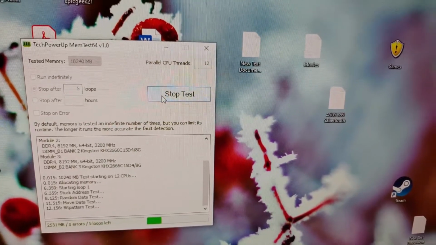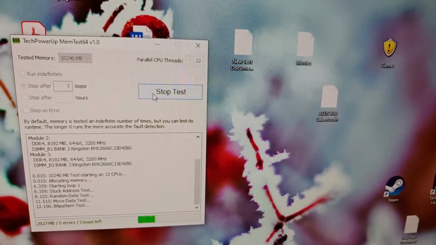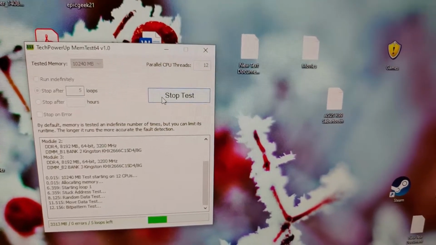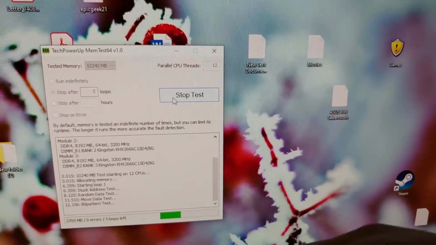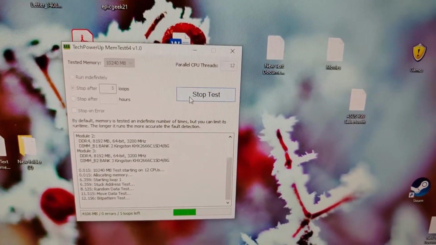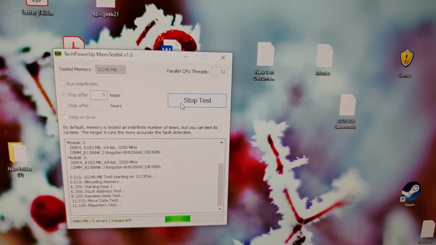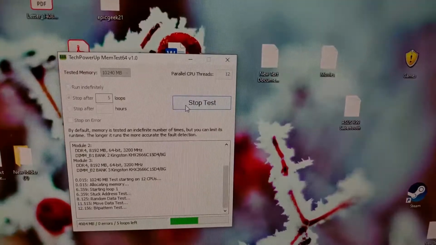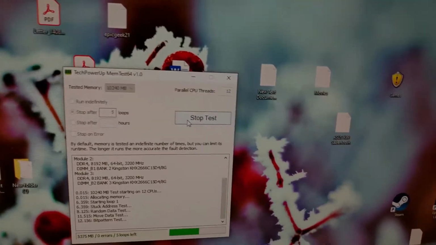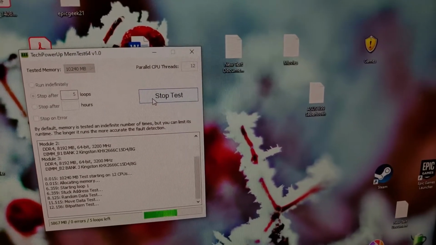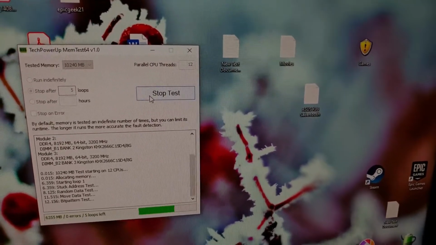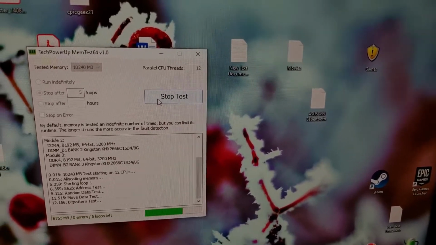You will be fine. So here it will perform some tests for the RAM regarding data reading errors, data writing errors, then bit pattern tests, moving data from RAM to some other block of memory on another RAM stick, suppose, things like that. This is how you can test stability.